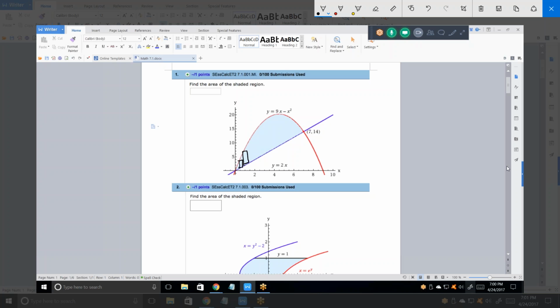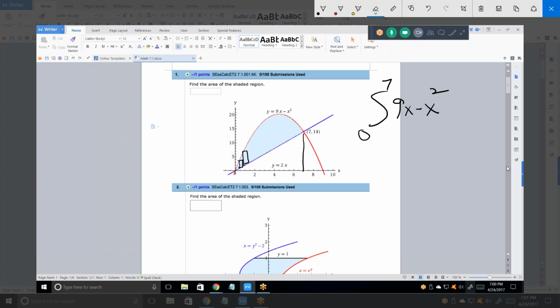If I was finding just the area under the red curve, I would take the integral of 9x minus x squared, from 0 to 7. But that would give me all of this area, and I don't want the triangular part.